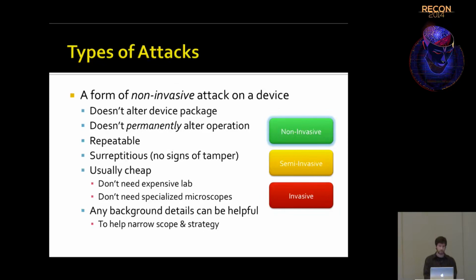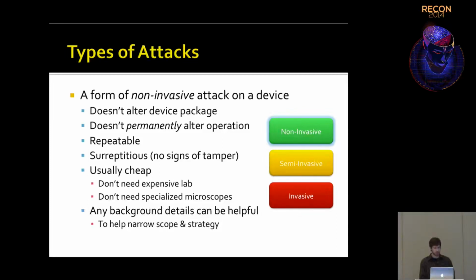It doesn't permanently alter the operation of the device, unless for the first few tries where you're getting a little flamboyant with the voltages you're sending into the chip, but it shouldn't permanently alter the operation, meaning it's repeatable. You can keep sending the waveforms into the chip over and over again. It's surreptitious, so you can do it and there are no signs of tampering because you're not physically altering the package. Usually cheap.